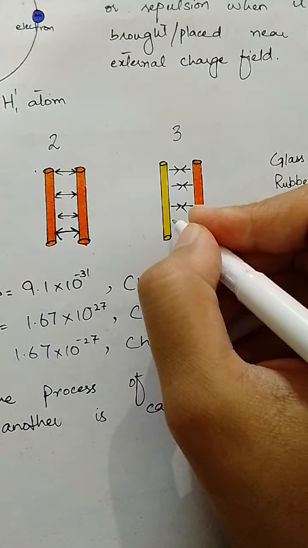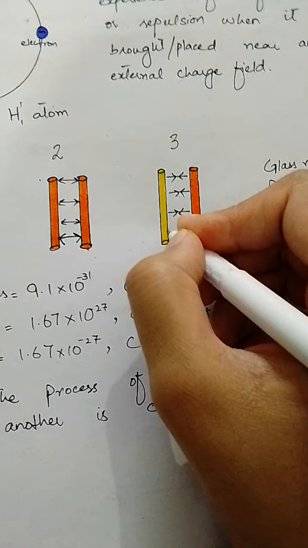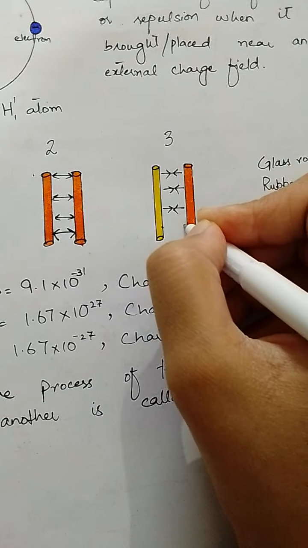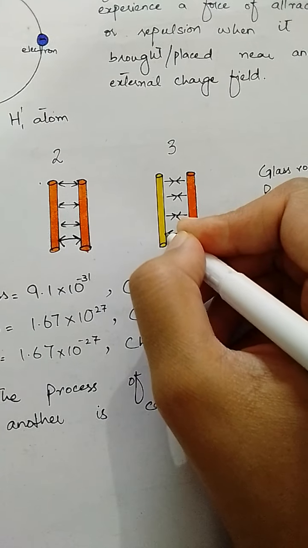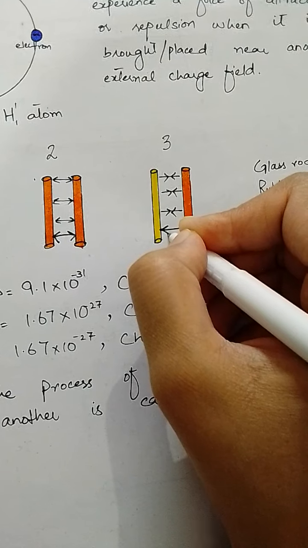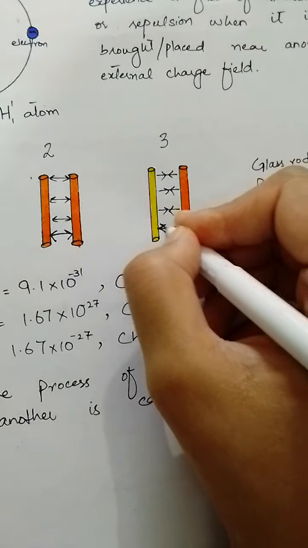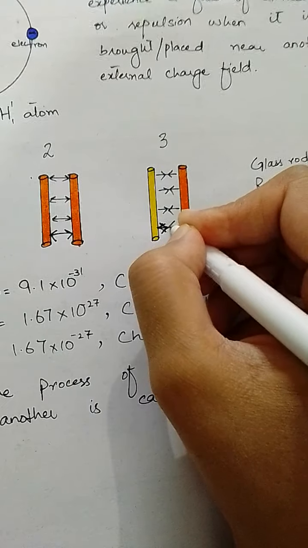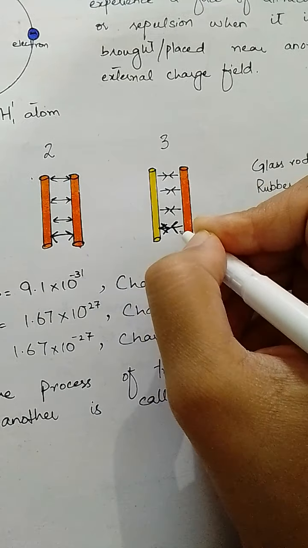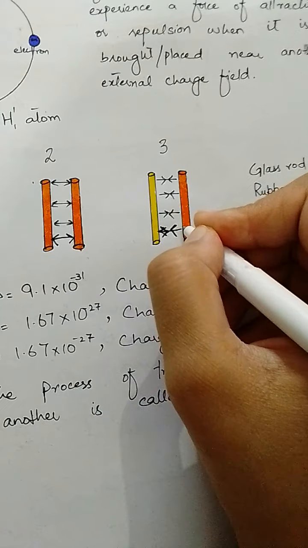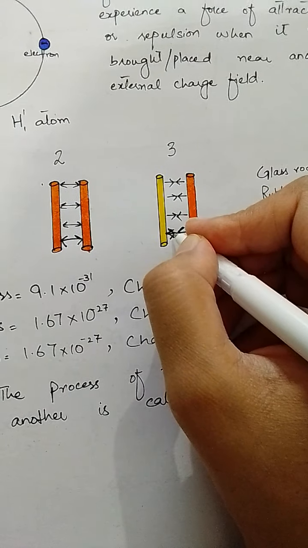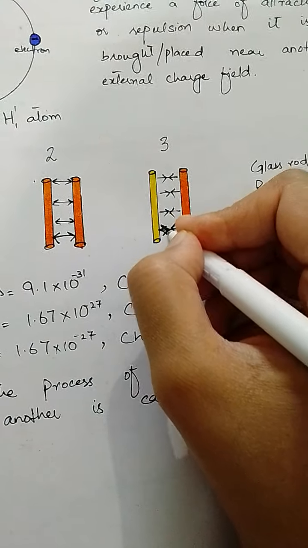The glass rod will try to attract the rubber rod, and the rubber rod will try to attract the glass rod, just like this.